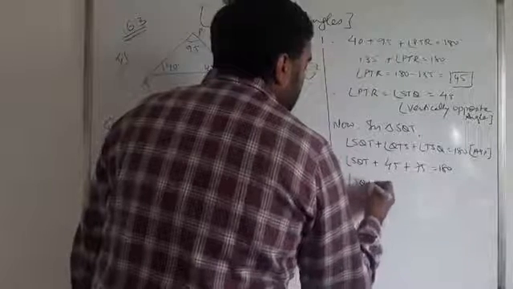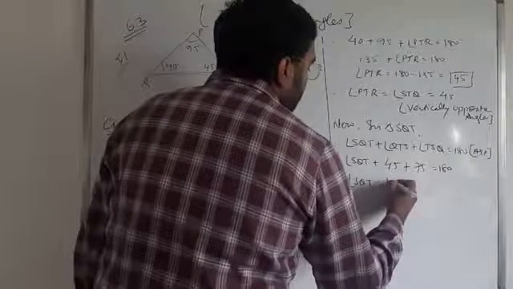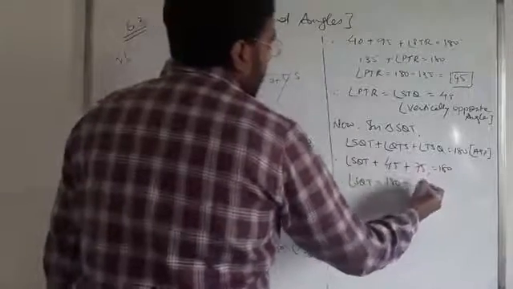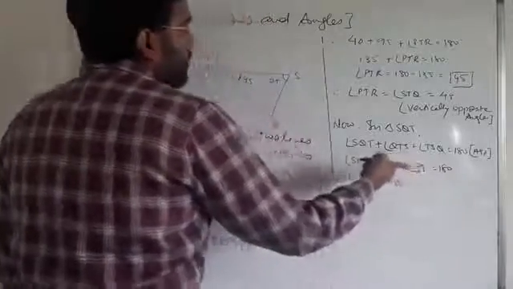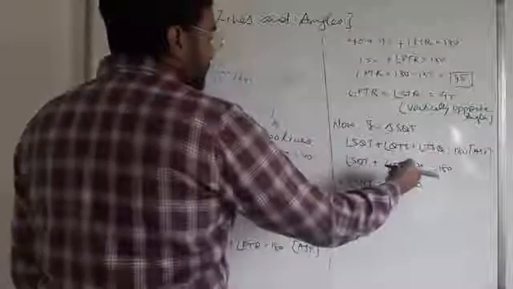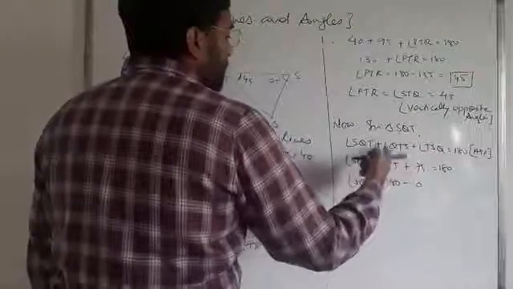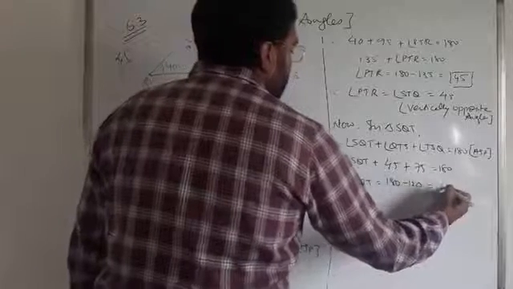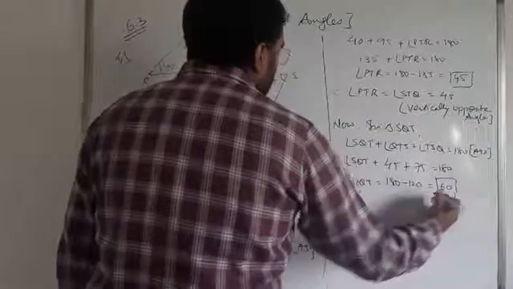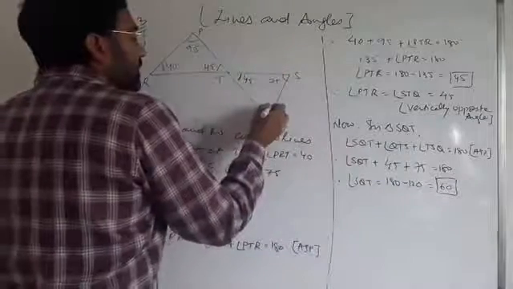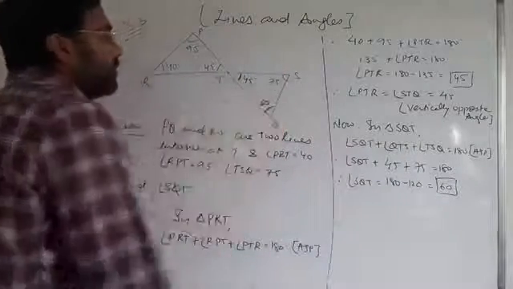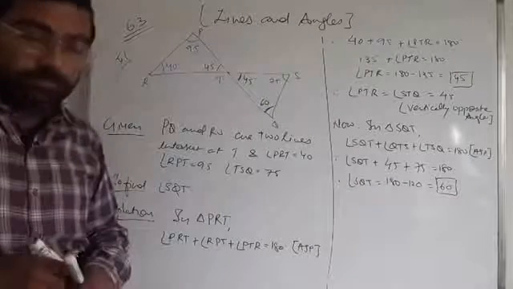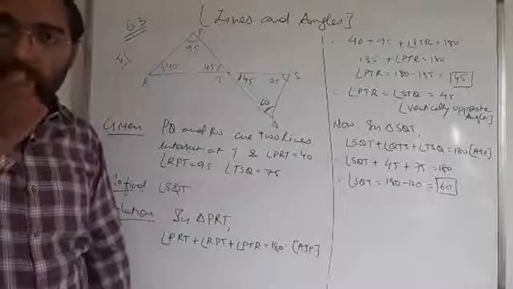Therefore SQT is equal to 180 minus 120, that is 60 degrees. Here angle SQT is equal to 60 degrees. Clear? Please note it down.